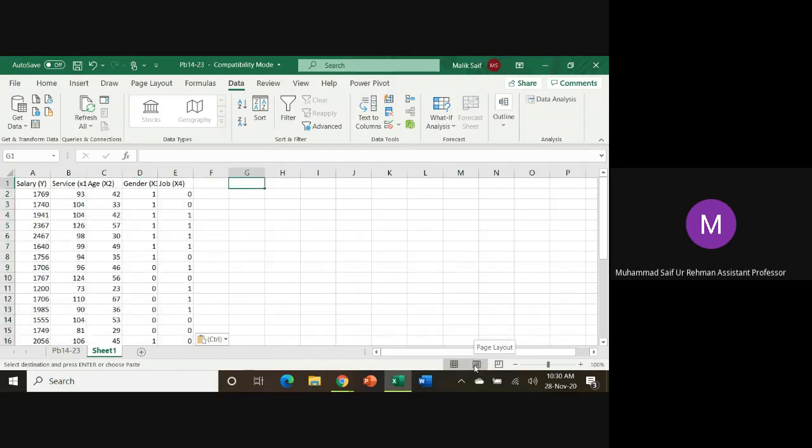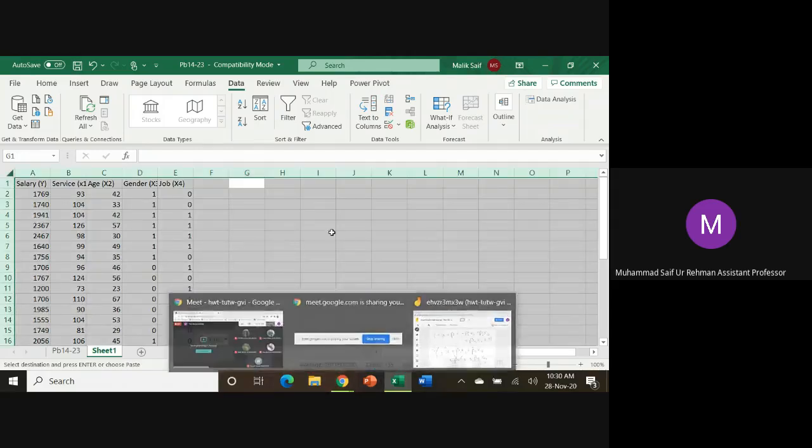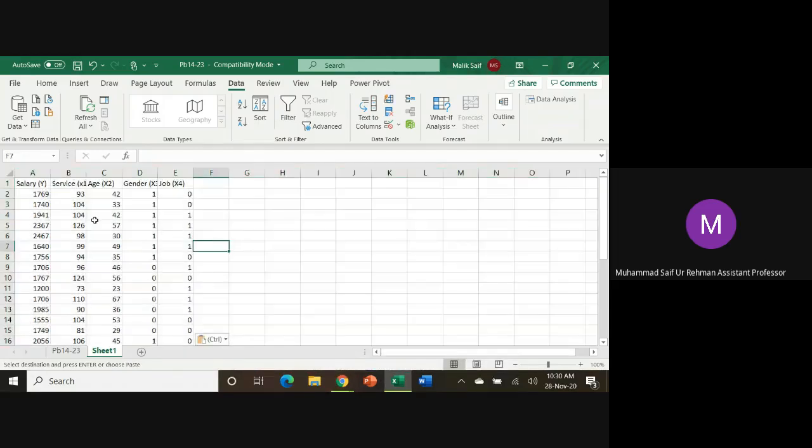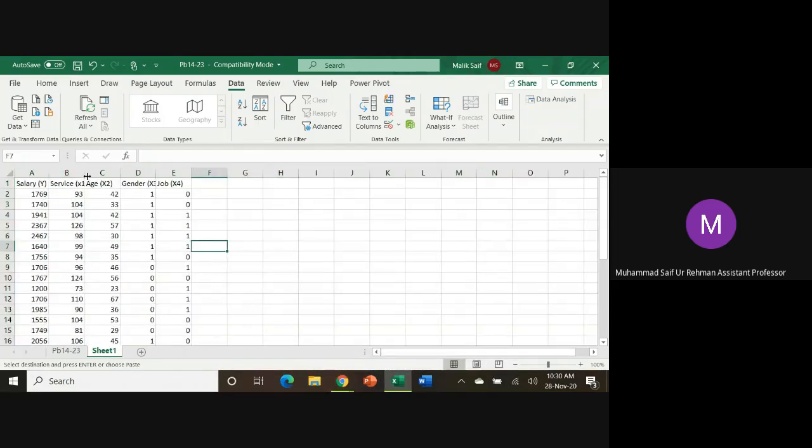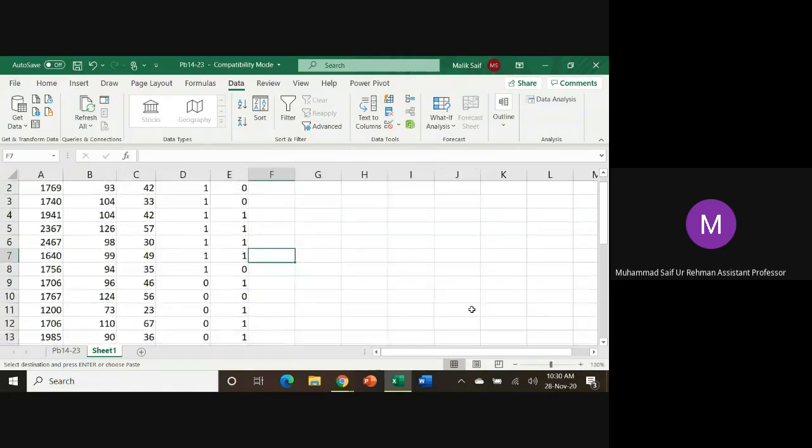So now, what will be the predicted value of y here? Let me make these cells visible to you. Okay. So how will you find out the value for y hat?